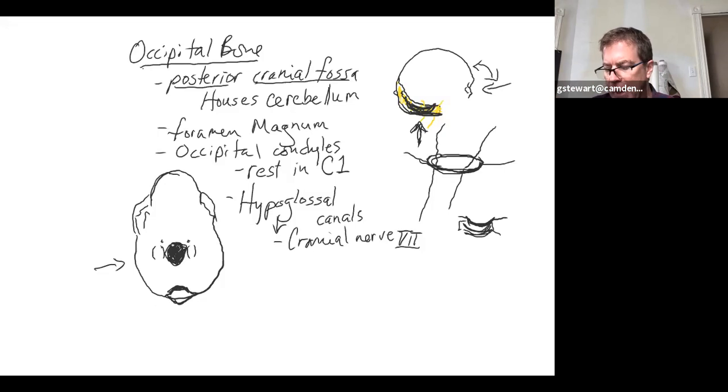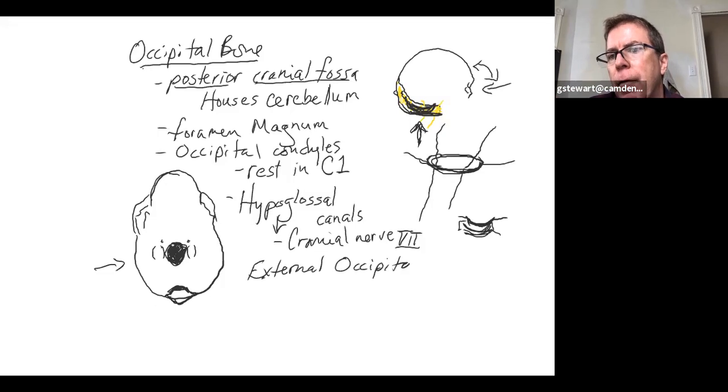That is called the external occipital protuberance. And that is a connection point, as well as the crest, the external occipital crest, which is a line of bone. Sometimes it's called the nuchal crest. It extends this way. I'm going to put and crest.